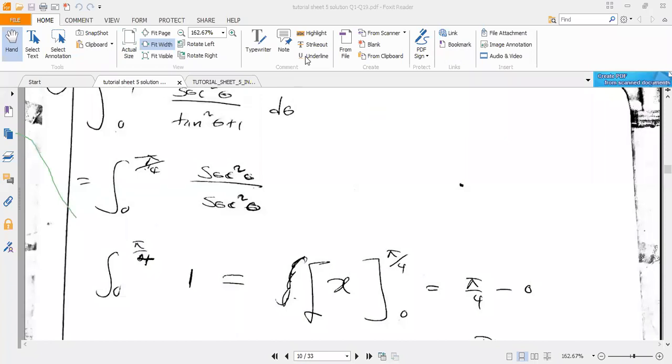Yes, sir. Just to clear up for those asking about sec squared and tan squared, there's a difference in identities between the integral of sec squared and the trigonometric identity. When you integrate sec squared, that's when you get tan theta. But in the identities of trigonometry, sec squared is equal to tan squared theta plus 1. I think they're confusing the trigonometric identities with the integral identity.